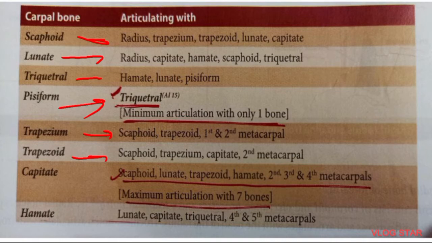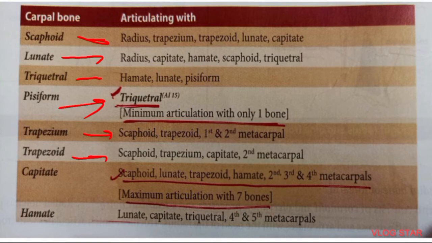Next one is the capitate, with scaphoid, lunate, trapezoid, hamate, and second, third, and fourth metacarpal. This is also very important because it has maximum articulations, with 7 bones.